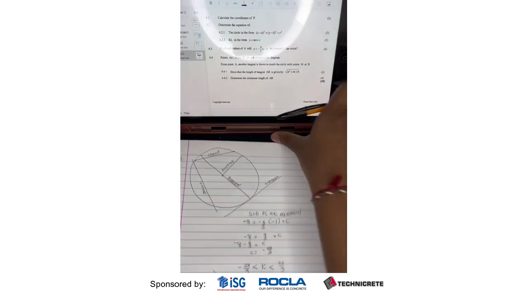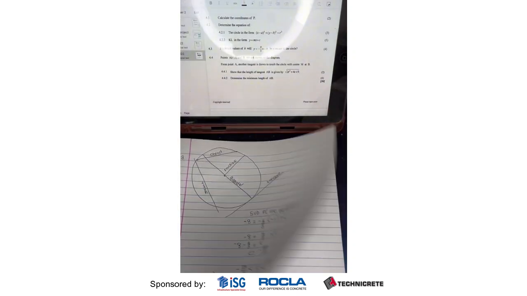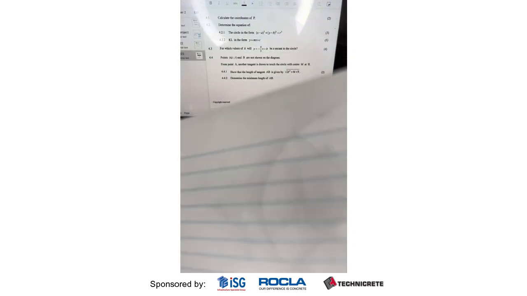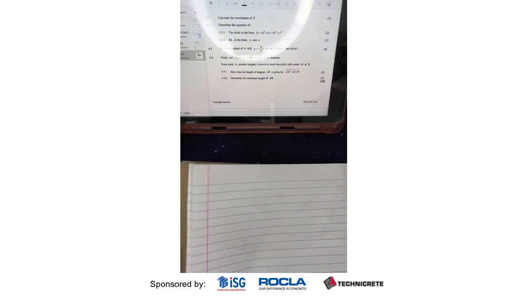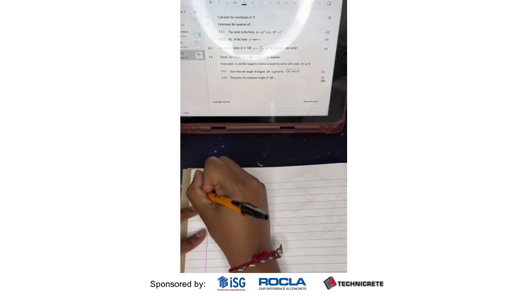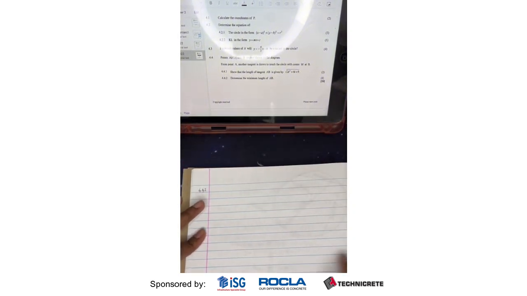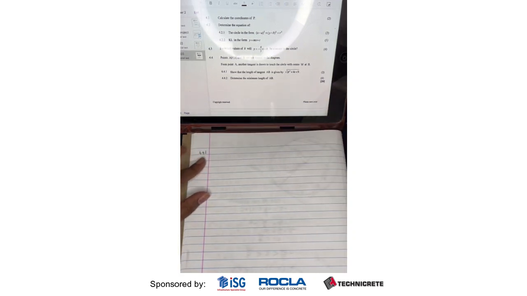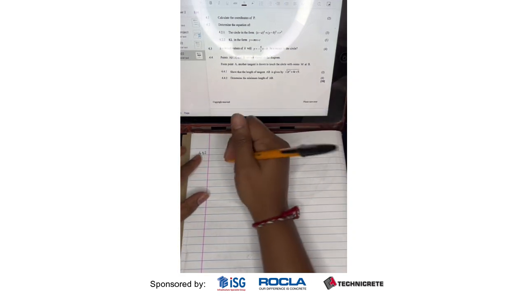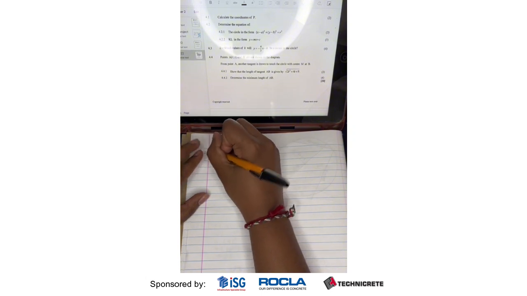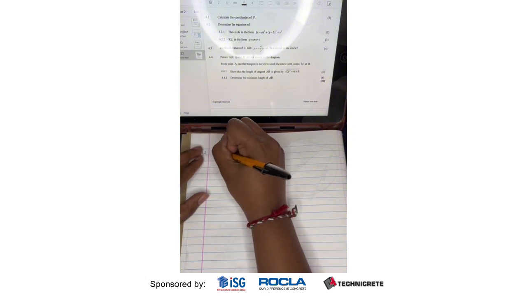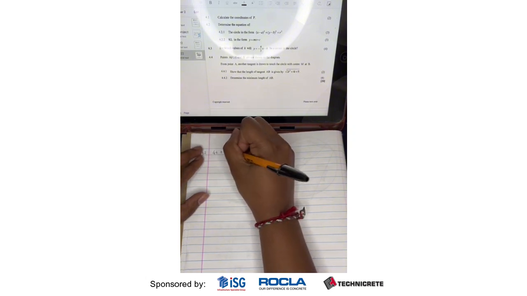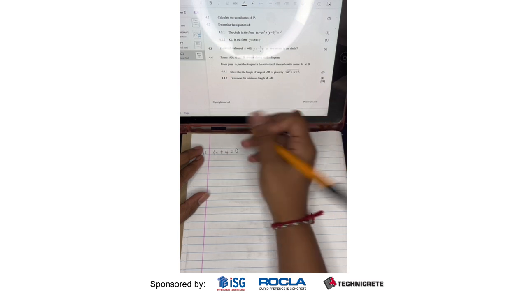Okay. The next one, which is 4.4.2, says determine the minimum length of AB. To find the minimum length, we can use the derivative of the previous question. So the derivative is 4t plus 4 is equal to 0.